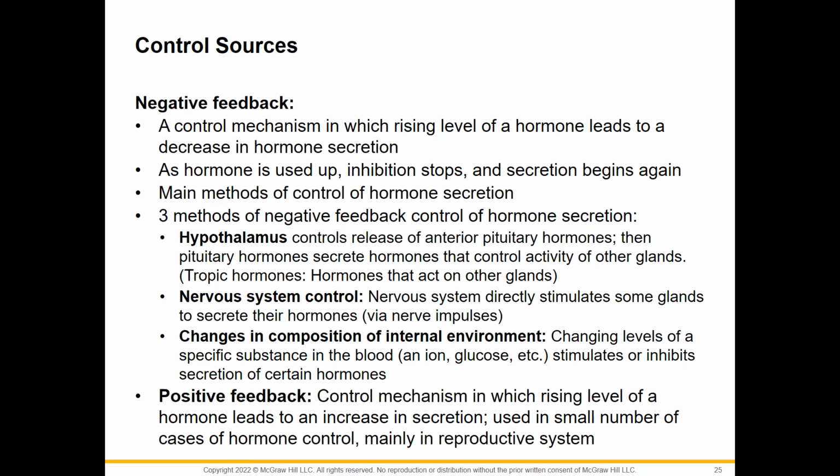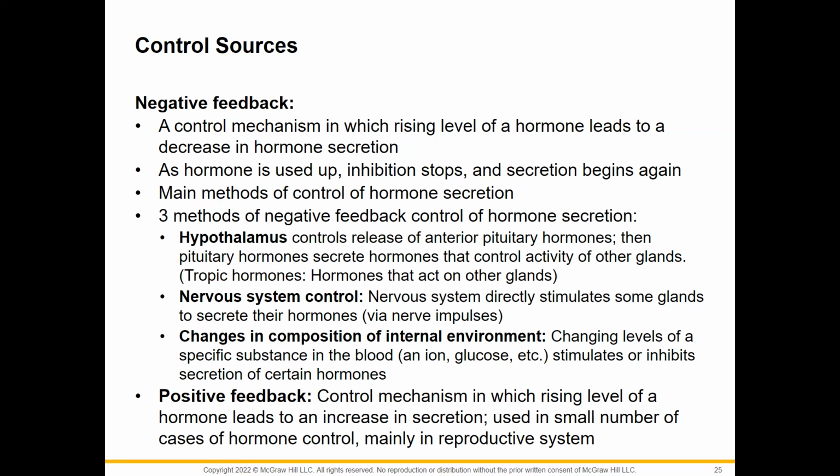But once you have 20, we're stopping. We're not letting anybody else in to buy anything else because it'll be too much, right? We only want a certain amount in there. So as the hormone is used up, the inhibition stops and we can start to secrete that hormone again. The main methods of control for hormone secretion.